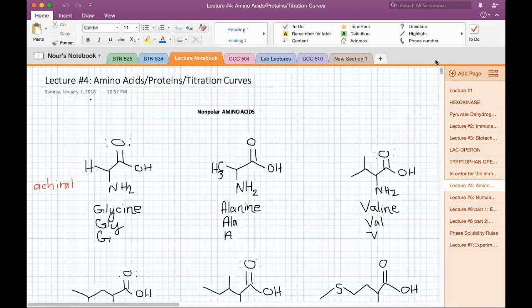What I found is that most companies do a good job at describing amino acids, so you really have anywhere you can go to.